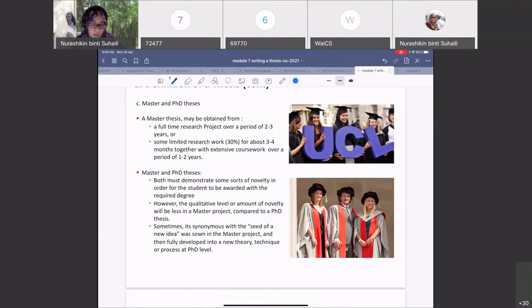Another type of master format is master by research, whereby you do research for 2 years and produce thesis at the end. Okay. So each of that has its own benefits, but if you want to have more experience in the lab doing research, master by research is much better than master by coursework. Right. For the PhD, it is research based.